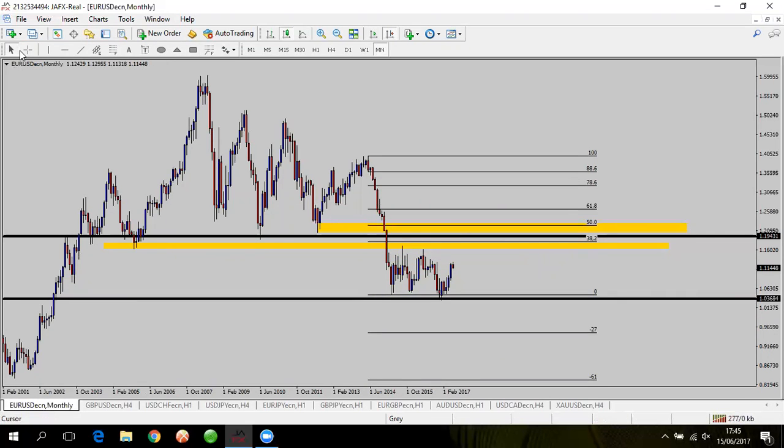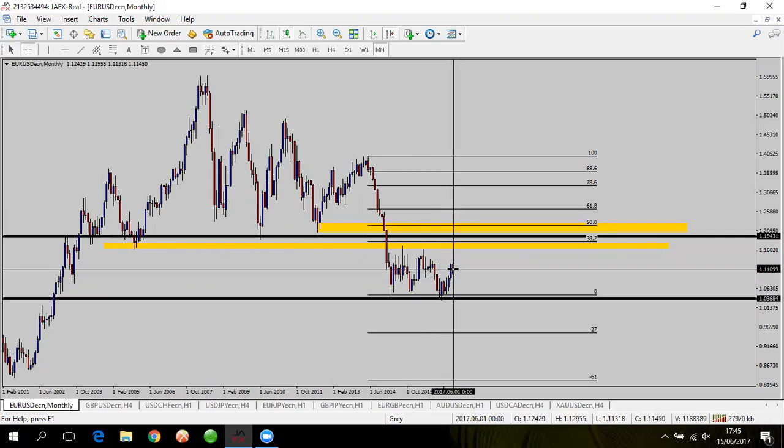You could expect the price to make a retracement before moving higher, possibly another move down, but more than likely a retracement before tapping these zones on a long wick and then rolling over again.